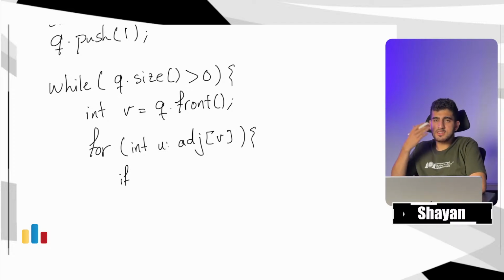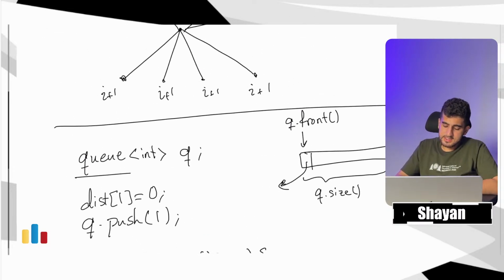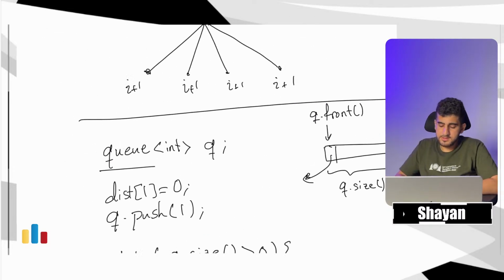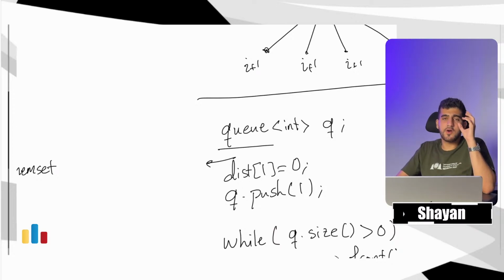distance of u is not set yet. For example, initially I can set the distances of everything to -1, which means that it is not defined yet. I can do this with memset, which sets the distance of all the vertices to -1. Use memset when you want to set everything to -1 or to 0.